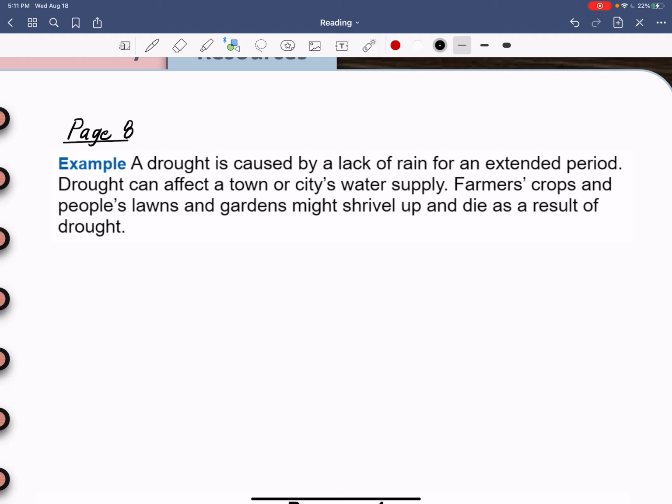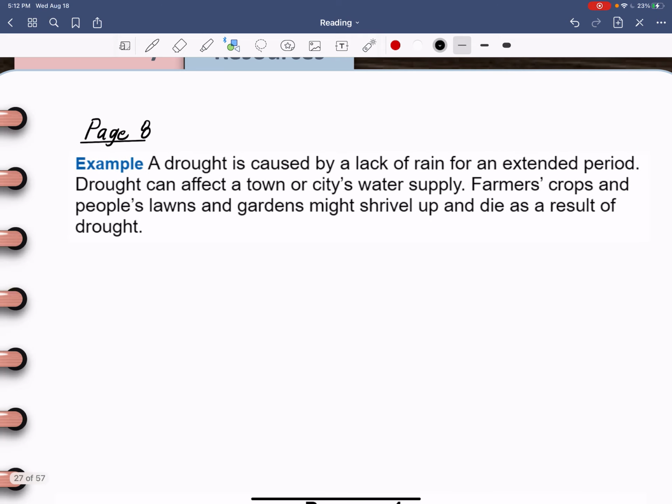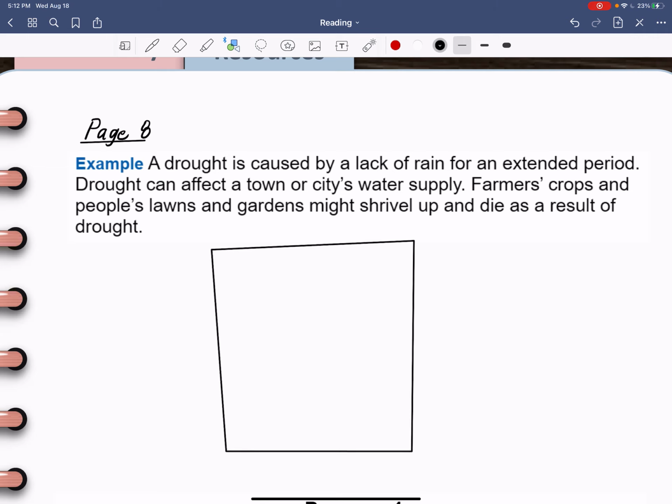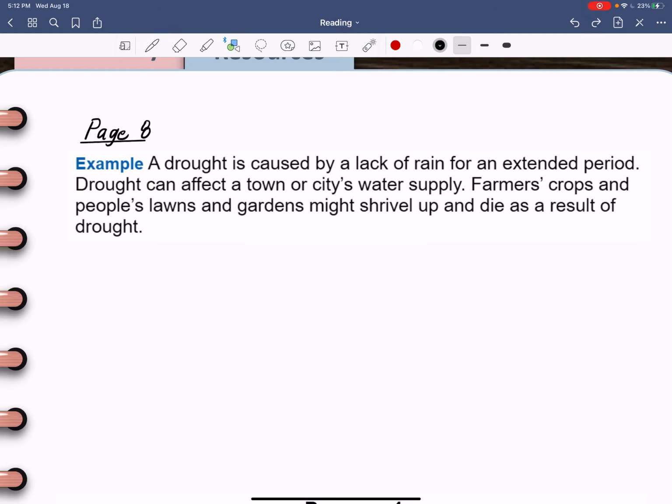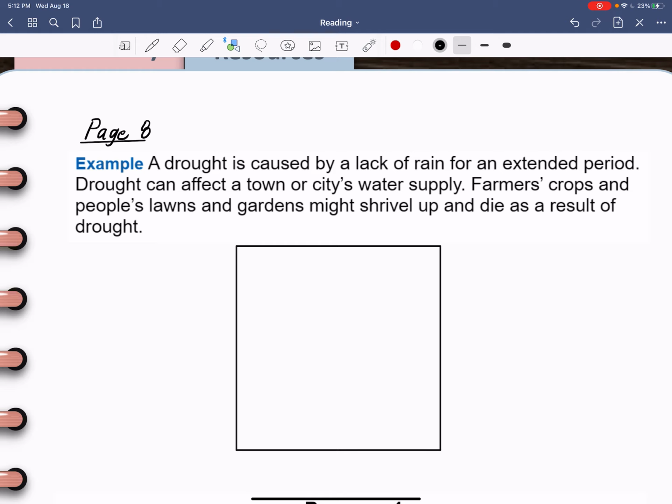So this is a relatively short paragraph. It only has about 3 sentences. But we can still get a topic and a main idea. I do think I'm going to draw that box just as a reminder of what that's about, because even though we're not doing a mind map on this particular paragraph, we are going to come back to that.